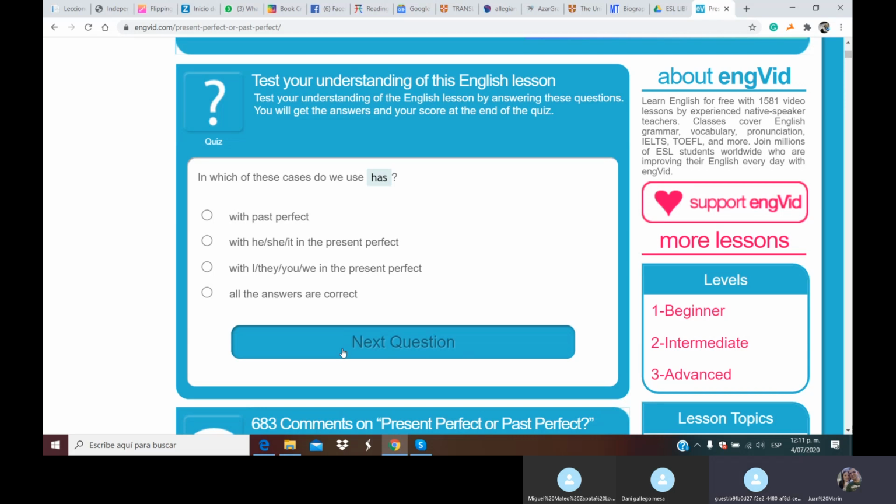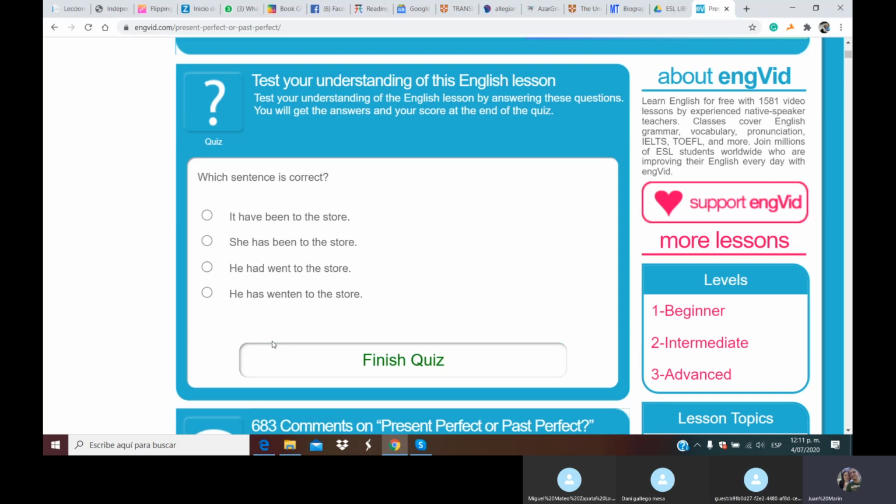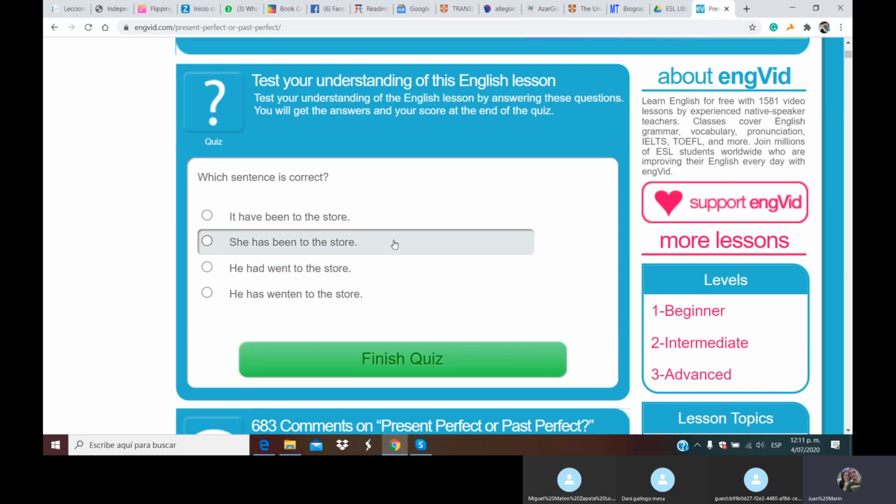Teacher, he, she, it in the present perfect. Okay, with he, she, it in the present perfect. Good. And the final question: which of these sentences is correct?